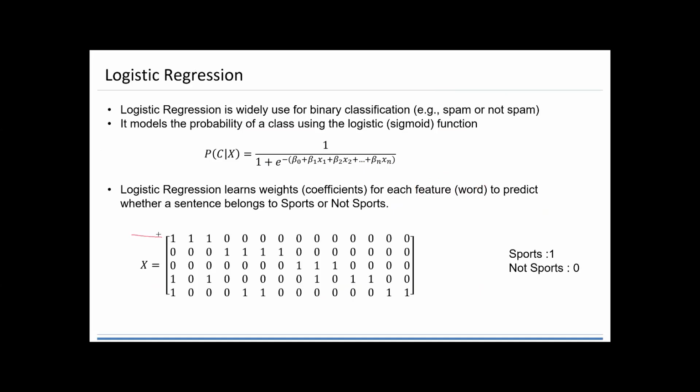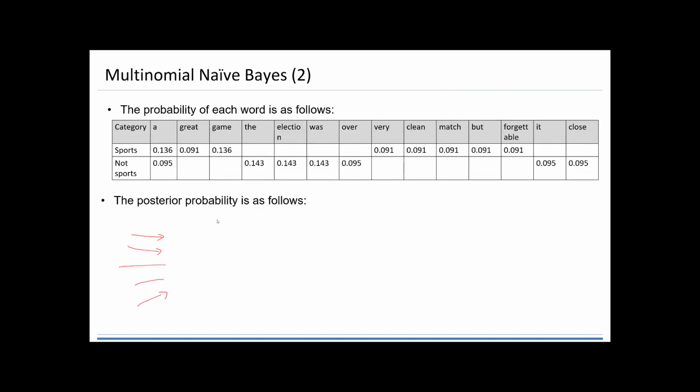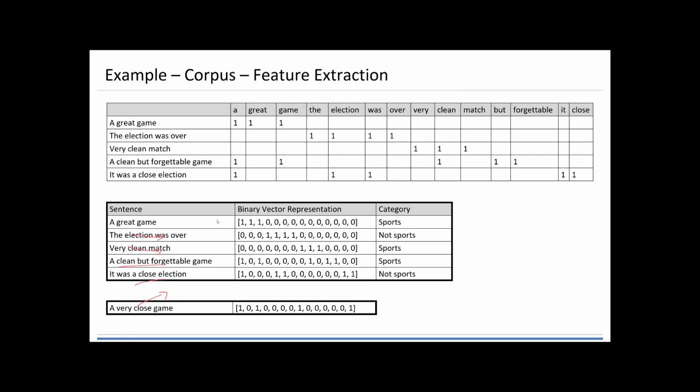This is the first sentence, second sentence, third sentence, fourth sentence, and fifth sentence. If you look at the previous one, based on this feature extraction, we can make the binary vector representation. So we can make this one as an x.